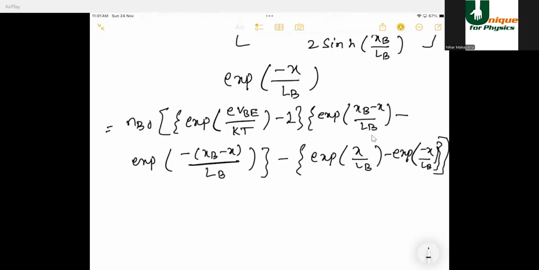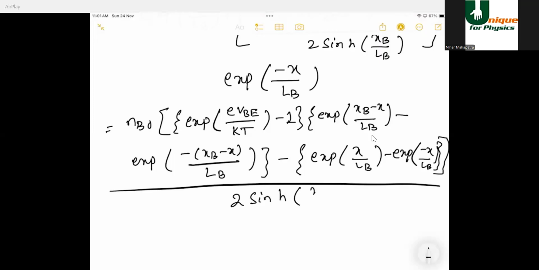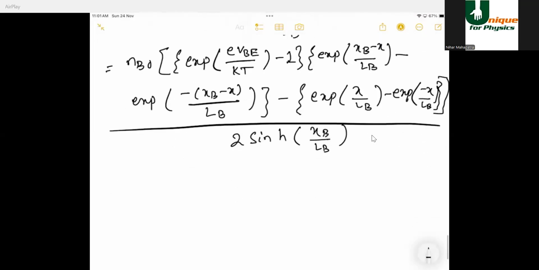Bracket end. This big whole divided by 2 sinh xb by Lb. This is what we got in the bracketed terms.